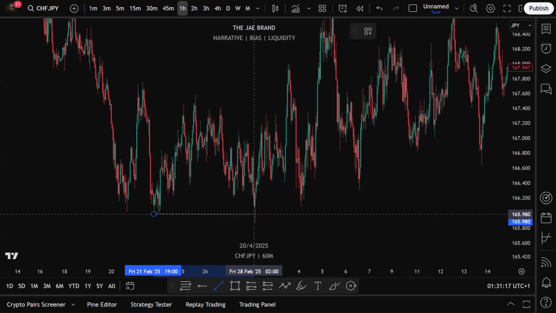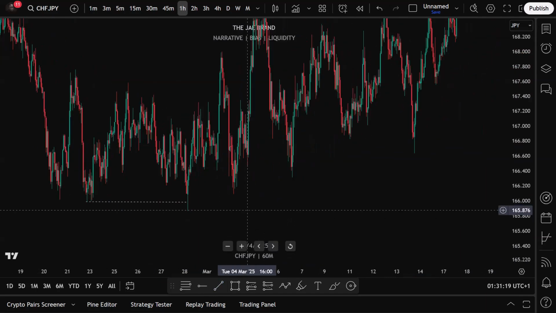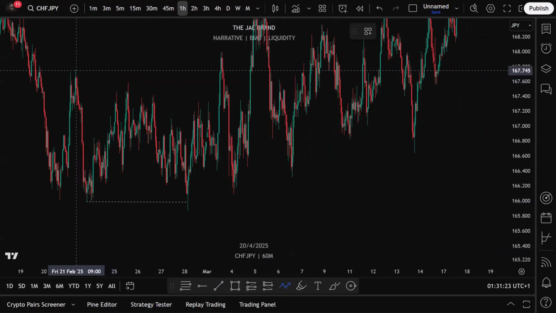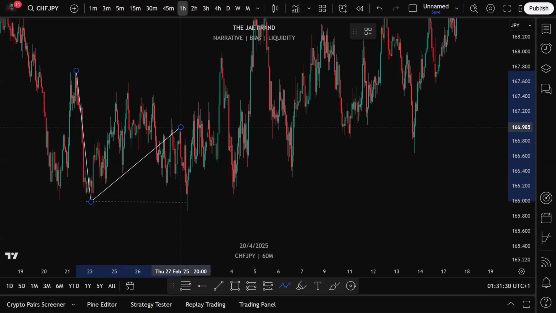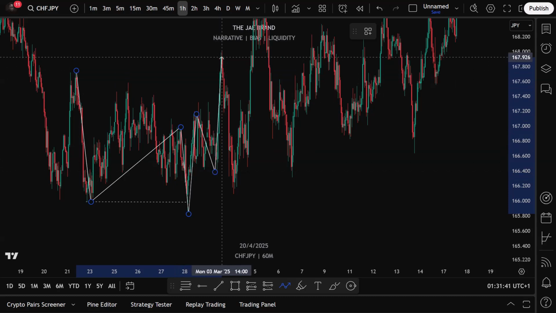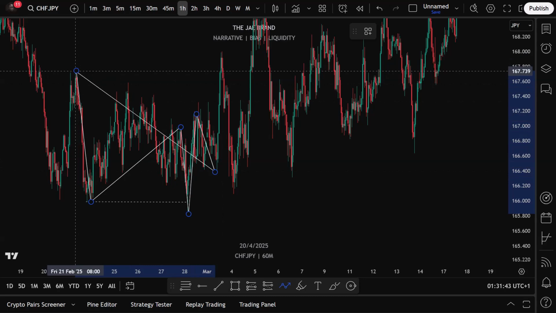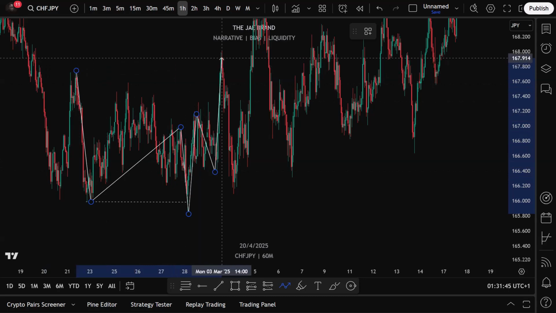First of all, you have to spot your swing structure. Look at my swing structure here, my sweep, and then we can see the structural liquidity, and price has taken transactional liquidity.